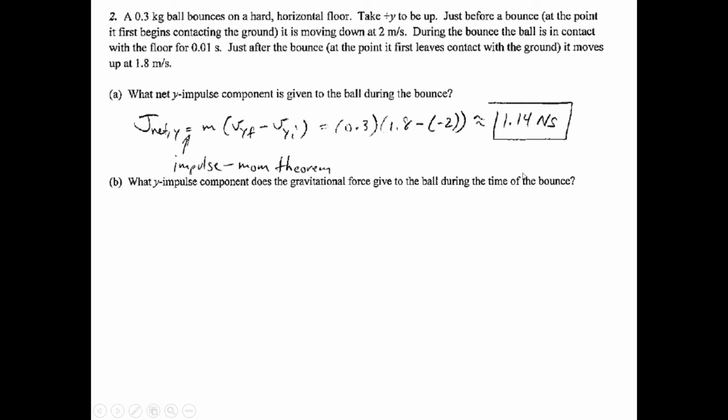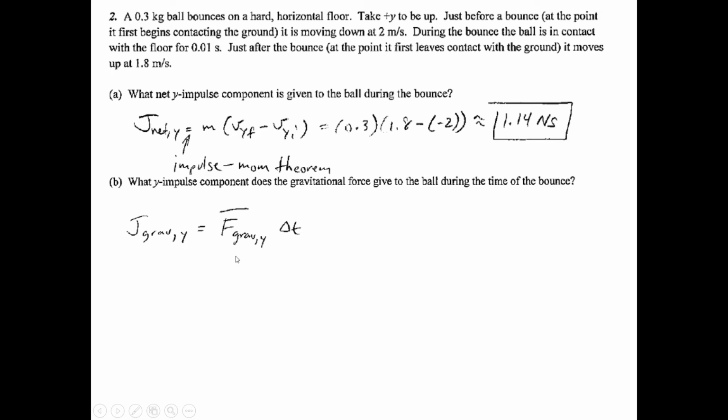Part B. What y impulse component does the gravitational force give to the ball during the time of the bounce? That's going to be a negative impulse because the gravitational force is downward, in the minus y direction. We can calculate that just by the definition of impulse: the impulse y component of gravity is the average gravitational y component of the force times delta t.